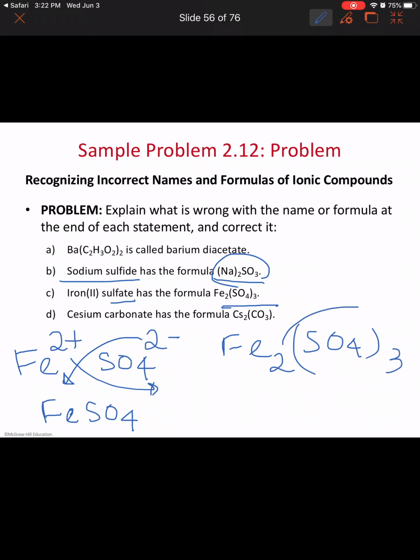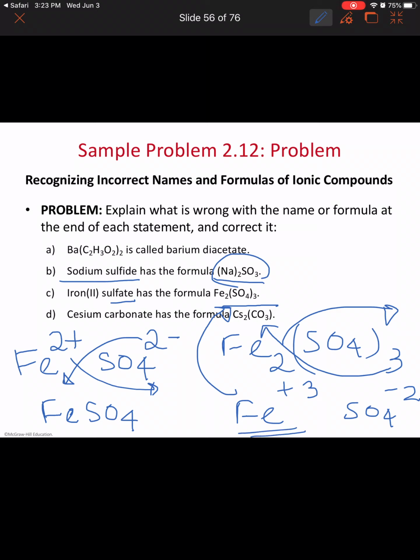So if you crisscross the charges, 2 goes there and 3 comes there. That means iron is +3 and sulfate -2. What's written here is iron 3 sulfate and this is iron 2 sulfate. Okay, I hope you got it.